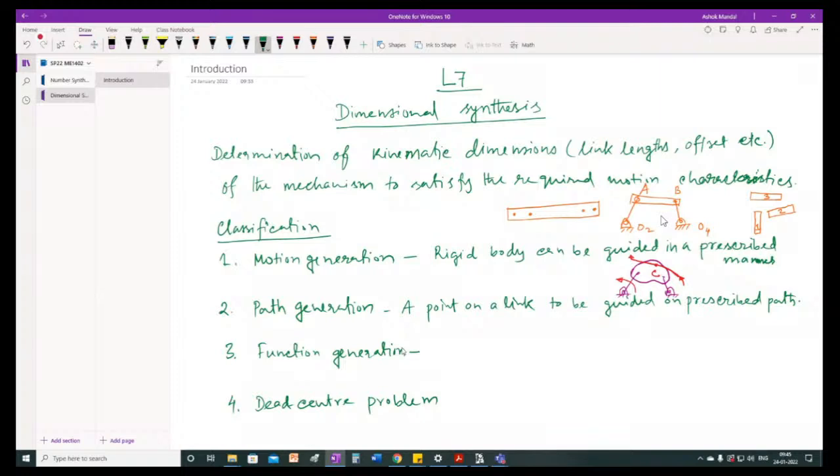Okay, now the third category is output and input have a functional relation.